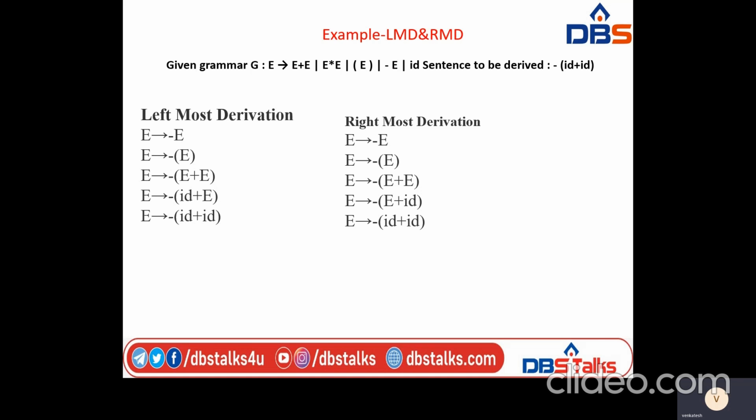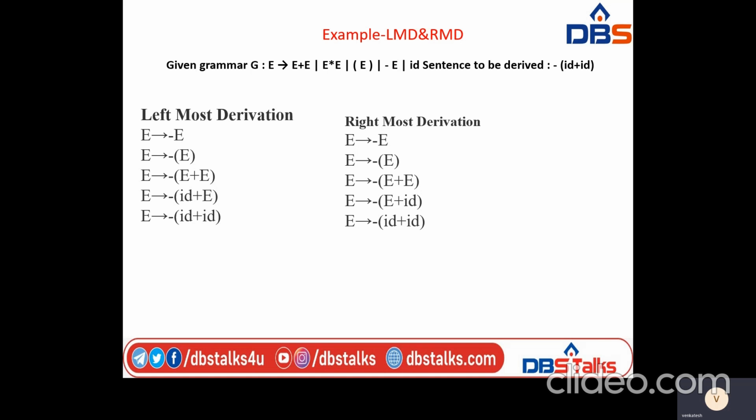Here we have one grammar: E produces E plus E, or E star E, or minus E, or ID, with the string minus ID plus ID. What is the leftmost derivation? What is the rightmost derivation? Leftmost derivation means we expand the non-terminals from the left side onwards.